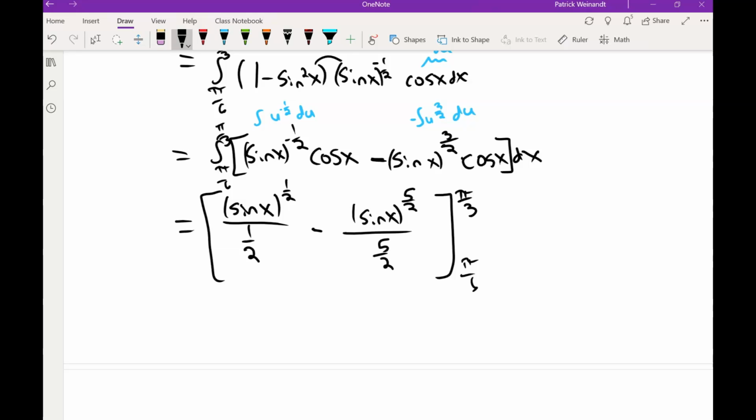Okay, plug that in. You're going to find that you're going to get approximately, if you round, about 0.239. And that is going to be the value of this integral. That's the area bounded by this region from pi over 6 to pi over 3.